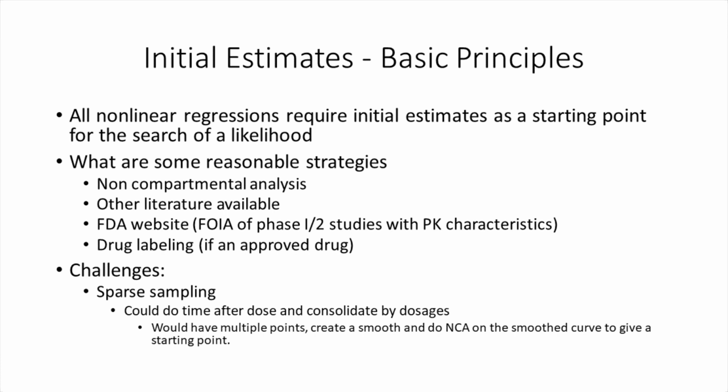There are some strategies for determining those initial estimates. You could do a non-compartmental analysis on the data that you have, for example, a smooth we showed for quetiapine. Maybe there's other literature. Maybe this is a drug that has already come out, and maybe in different populations there are population pharmacokinetic parameters or even general pharmacokinetic parameters published.